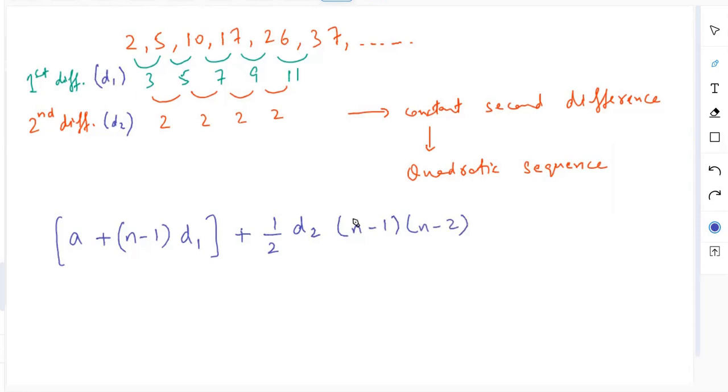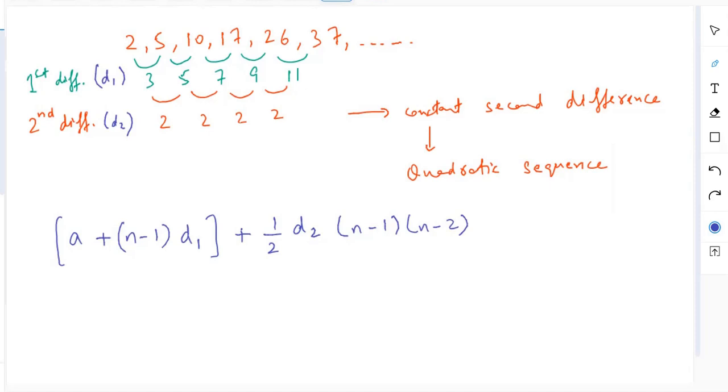It's not very easy to remember. Those of you who can do it, just do it. It might help you in some questions where you can't figure it out. You can use this formula as a backup, and it will always work in cases where your second difference is constant. You only have to input values.